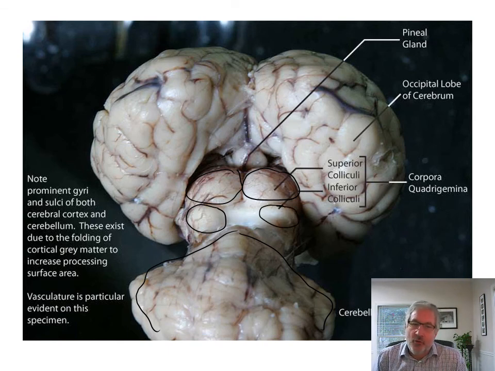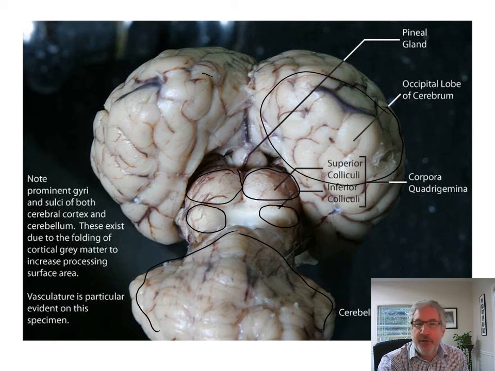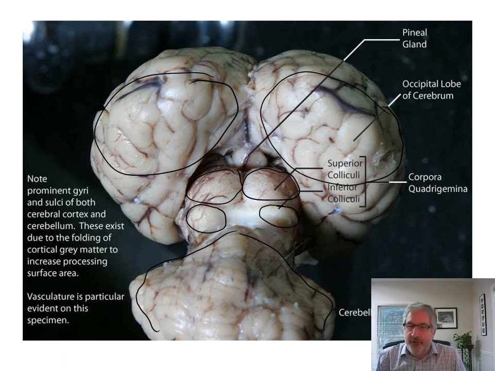Those make up the corpora quadrigemina. And since this is the backside, here's your occipital lobe of the cerebrum. Here's another occipital lobe here. I didn't draw those big enough; I'm just circling to give you an idea. And you can also see blood vessels in there, like here's a large set of blood vessels here.